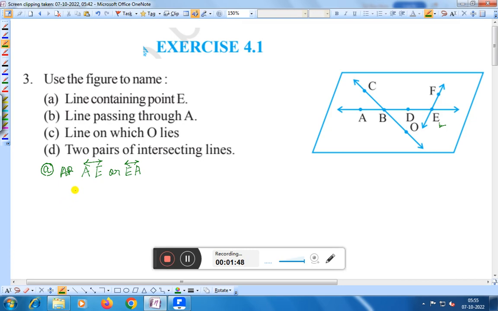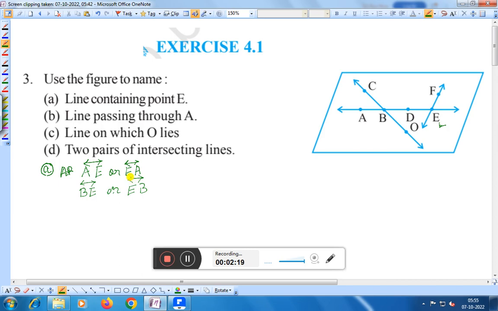Next, you can also write BE, or EB. You can write this one also as EB. BE or EB is the line representation.